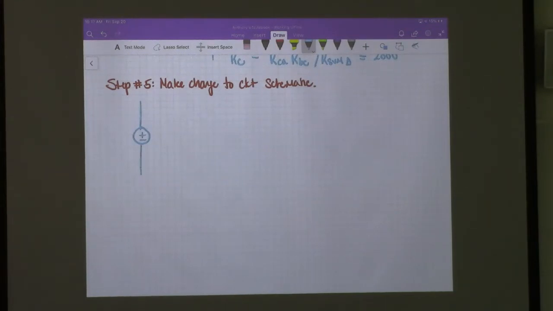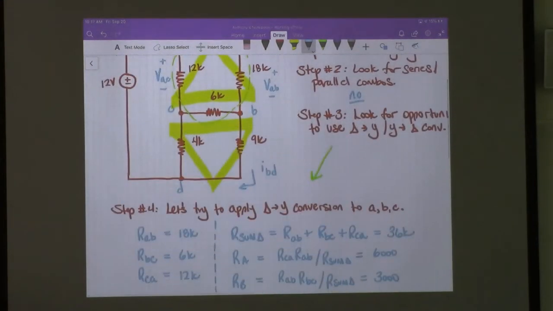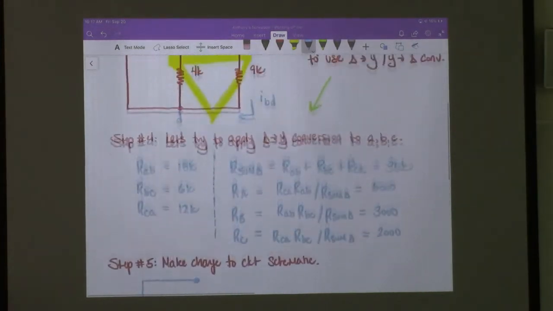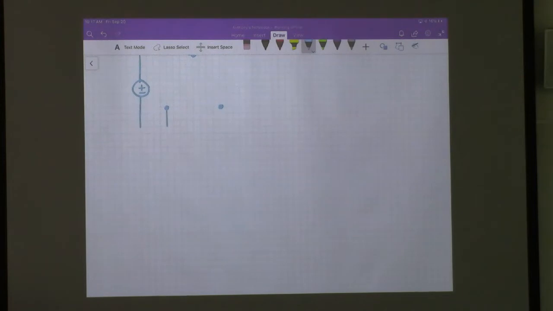So what I'm going to do is draw the rest of the circuit, leave the 3 terminals blank, and then we'll draw that in last. Okay, so the 4K ohm resistor and the 9K ohm resistor are untouched.